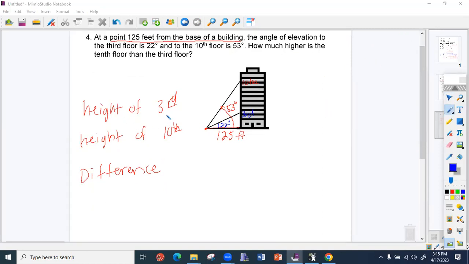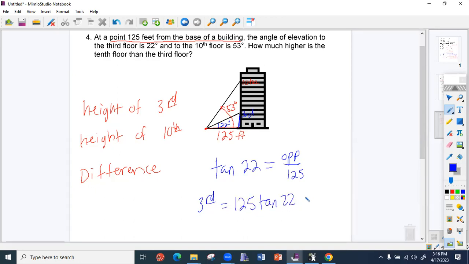Let's see how we did. For the height of the 3rd floor, what did you guys use? Tan, good. We had tan of 22 equals opposite, because we do not know the height, over 125. So for the 3rd floor, to find its approximate value, you should do 125 times tan of 22.